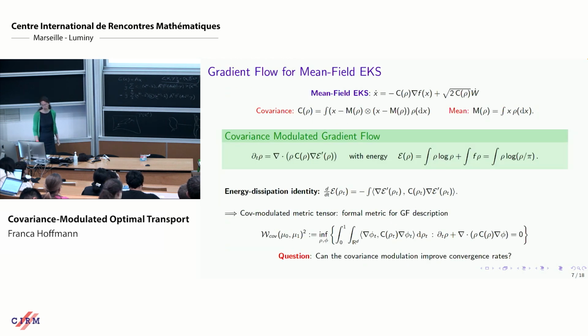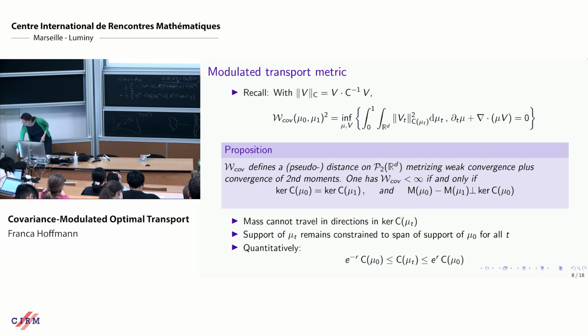And just to say, one of the questions we set out to answer by looking more at the geodesics on this distance and so on is just to understand how this covariance modulation can actually improve convergence rate. And so we started by just looking at the properties of this distance, first of all. And this distance actually metrizes weak convergence plus convergence of second moments.